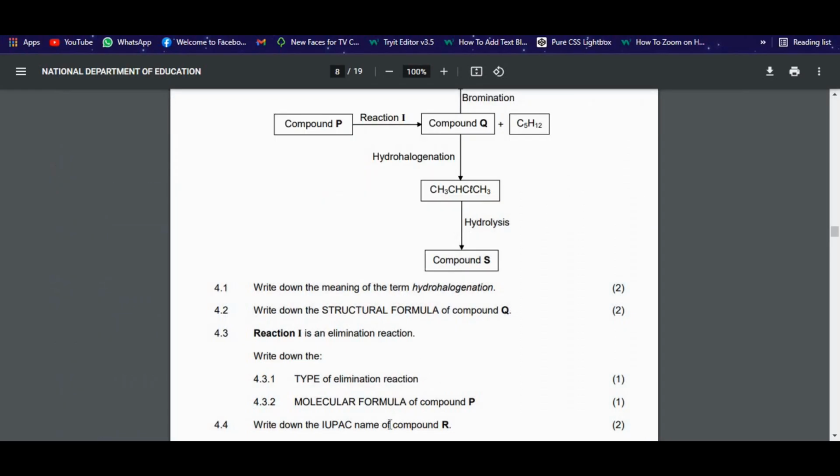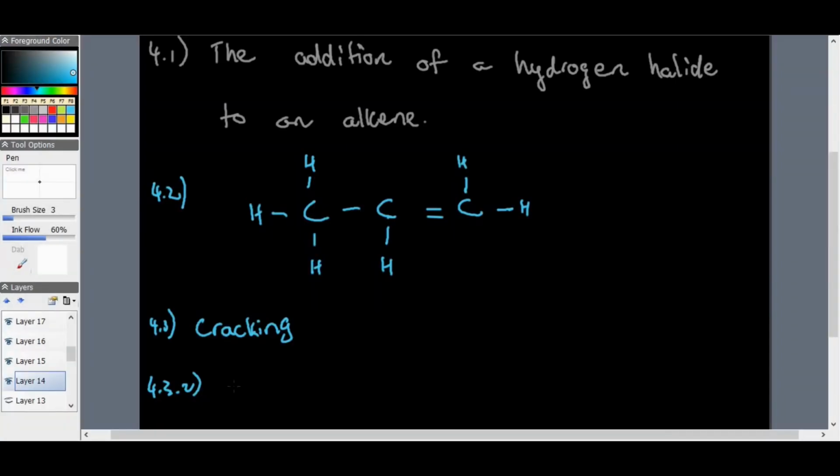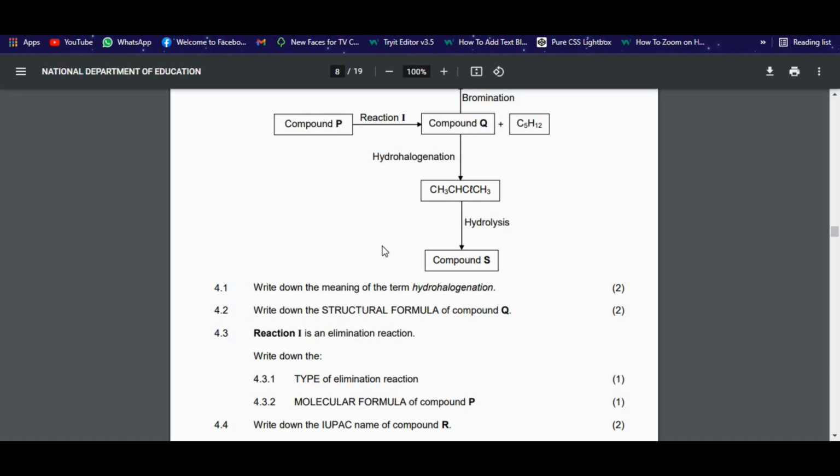They asked for the molecular formula of compound P, so that's actually C8H18. The reason being is because we get a compound there and C5H12. So we've got C5H12 in the cracking process, you're splitting up an alkane into an alkene.